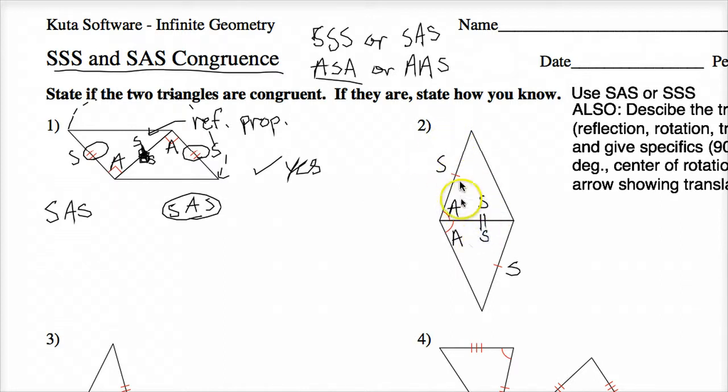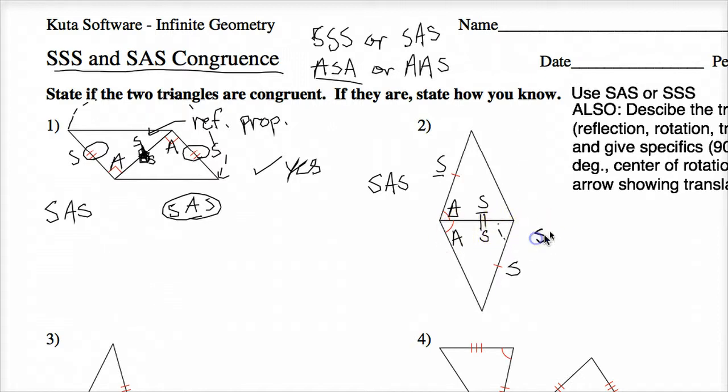So now let's talk about these two triangles kind of separate. For this top one, I have two sides at an angle, and the angle is in between the two sides. So for that one, it's a pattern of side, angle, side. Down here, I have an angle and two sides, but it's the wrong angle. It's almost like it should be this angle over here because that would be in between.